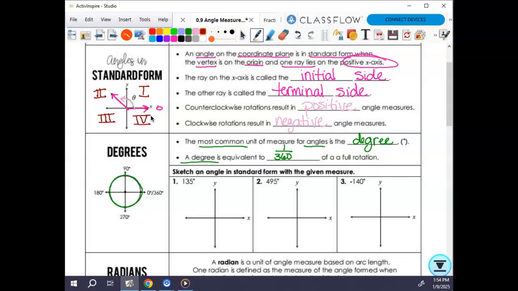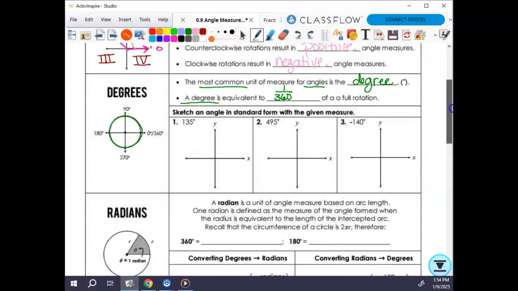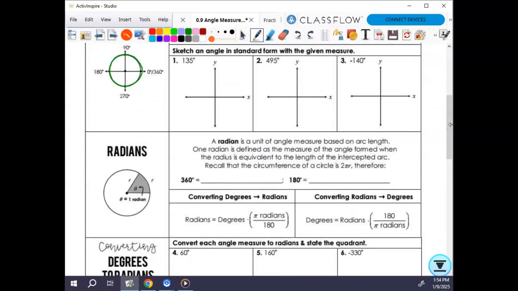All right, so we are going to graph some angles. We're going to sketch the angles in standard form with the given measure. We're not getting out protractors and making them perfect. We're just doing our best to make this make sense. So I know that my initial side has to be right here. And then that's a positive 135, so I'm going to open up counterclockwise.